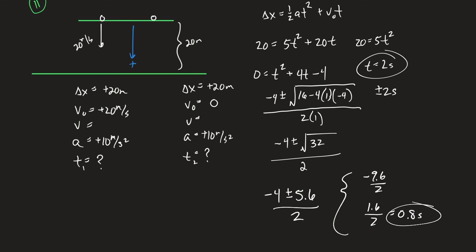what else happens in this problem? Instead, you drop the first rock and then throw down the second rock at 20 meters per second. How long should you wait so both rocks hit the ground at the same time? 1.2 seconds? Does that seem logical?